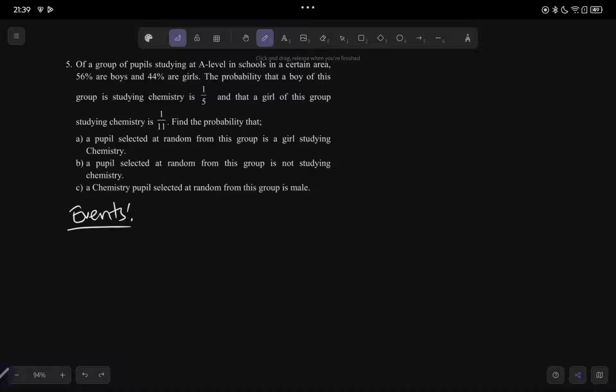The probability that a boy of this group is studying chemistry is a fifth, and that a girl of this group is studying chemistry is 1 over 11. Find the probability that a pupil picked at random from this group is a girl studying chemistry. Part B, a pupil picked at random from this group is not studying chemistry. Then part C, a chemistry pupil picked at random from this group is male.